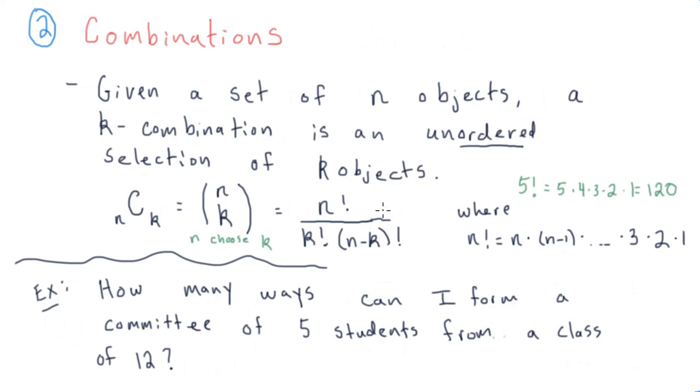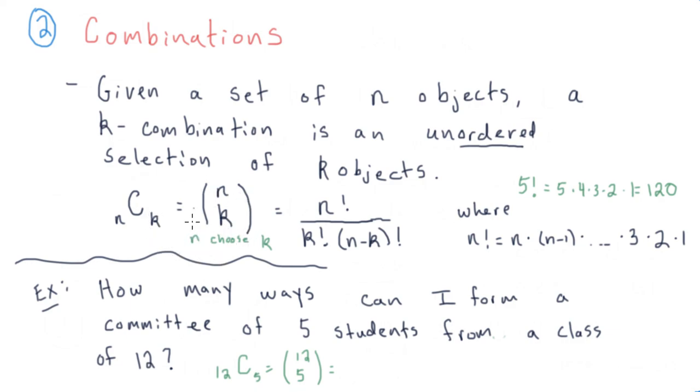Okay, so how many ways can I form a committee of 5 students from a class of 12? Well, it's 12 choose 5. That doesn't really mean anything, I'm just using the different notation that you'll see.